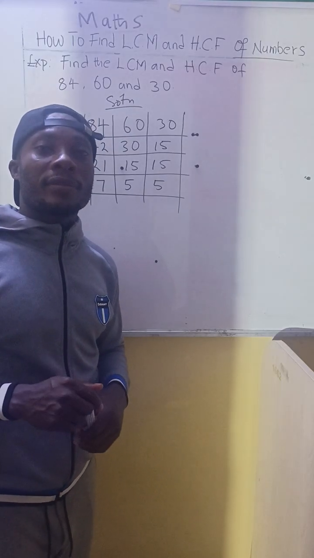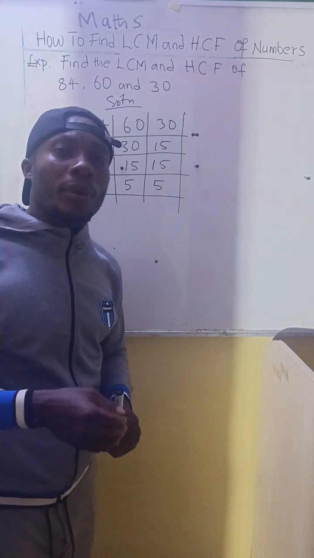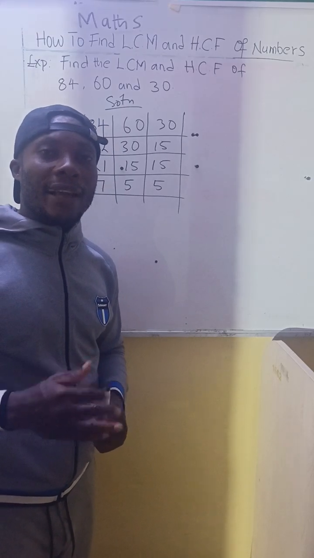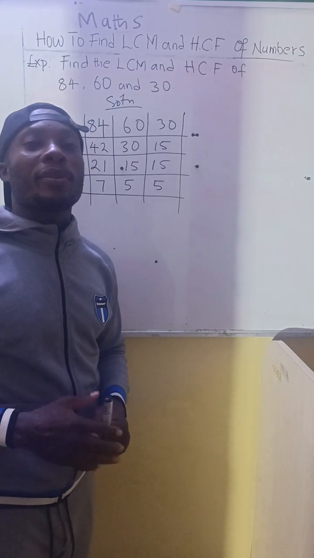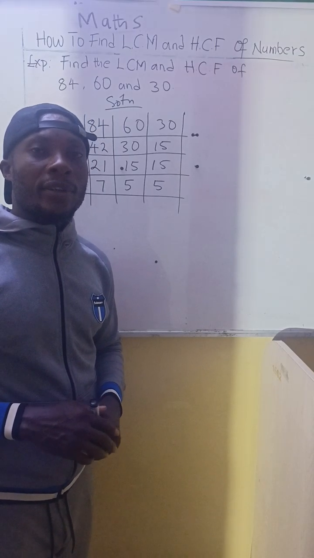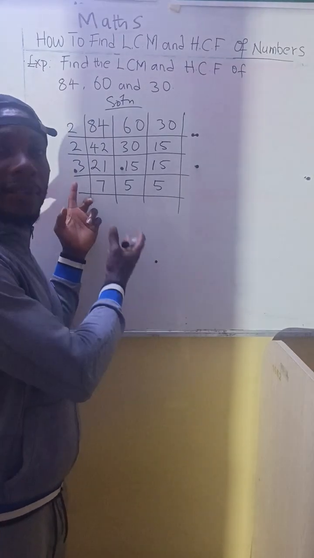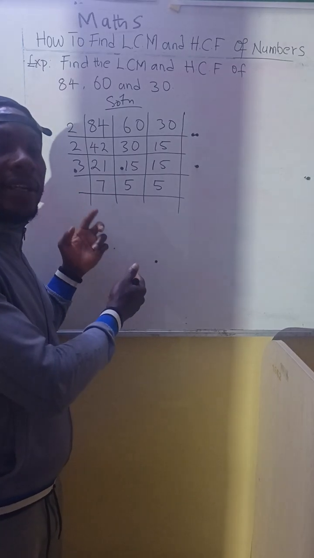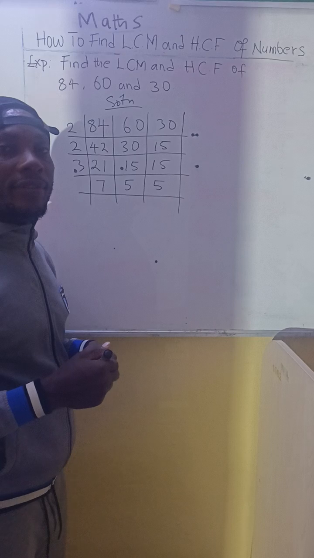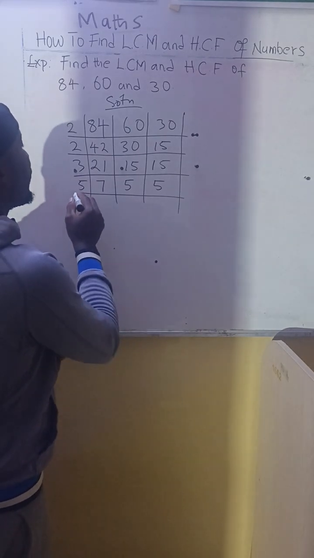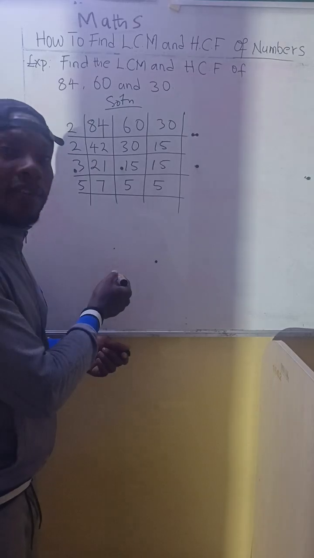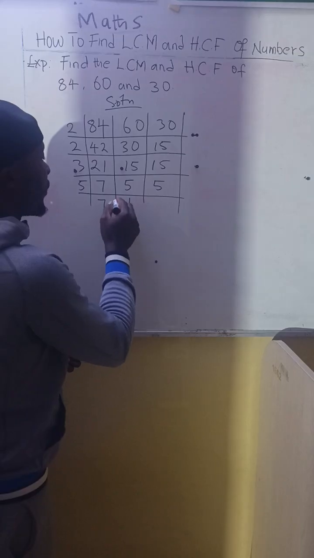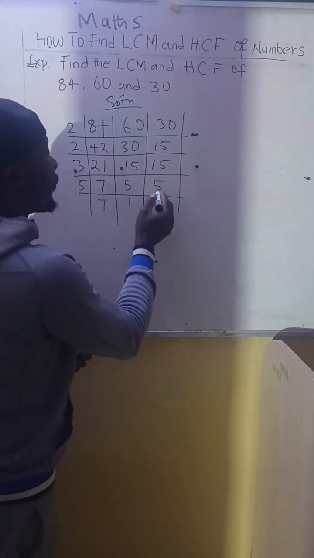No, because your aim is to get the lowest common multiple, LCM, and it's not the arrangement or order of prime numbers. To make it look nice, we now use 5. If 5 divides 7, there will be remainder, so we bring down the 7. 5 divides 5 is 1. 5 divided by 5 is also 1.